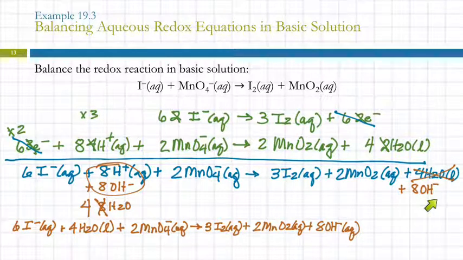Over here, I also added 8 hydroxide ions so that things are still balanced. Then we observe that we have water present on both sides of the reaction. So we would like it to only be on the one side. I had 4 water molecules here and 8 over there. So if I subtract 4 water molecules from each side, now I don't have water over here. I just have it over here. And so that's how I got the 4H2O. Does that help? Anybody else?